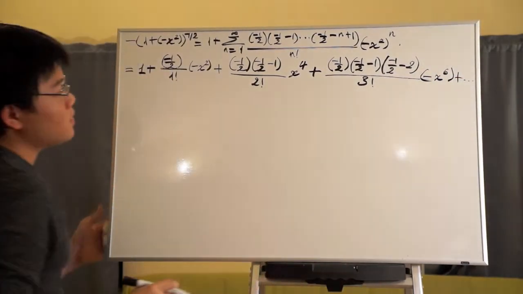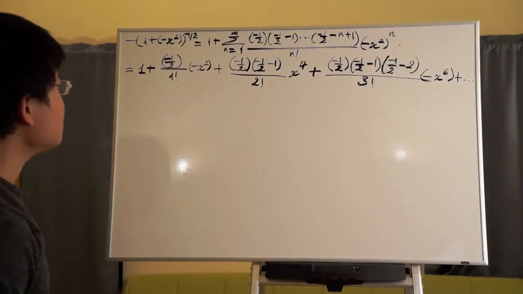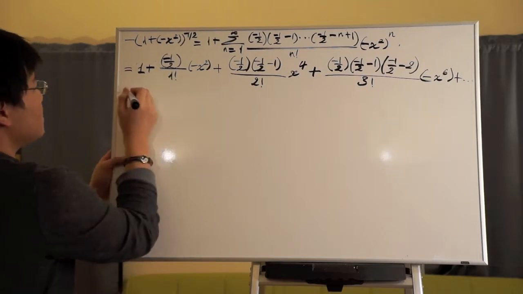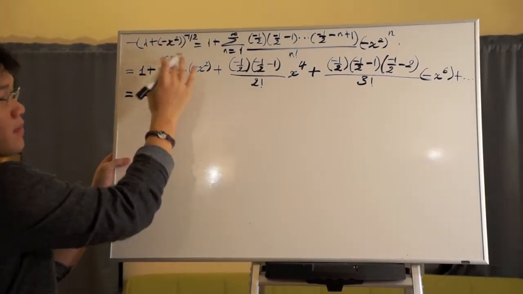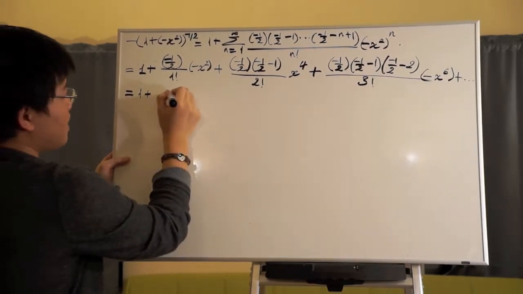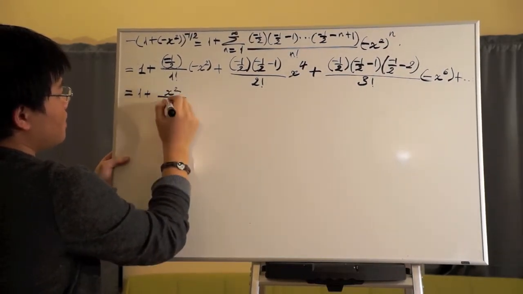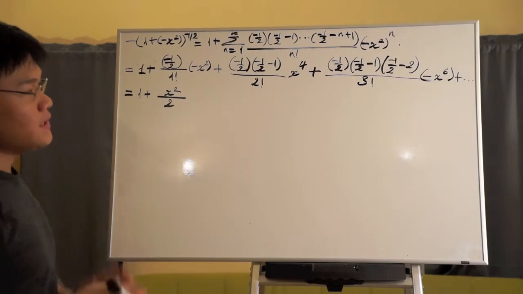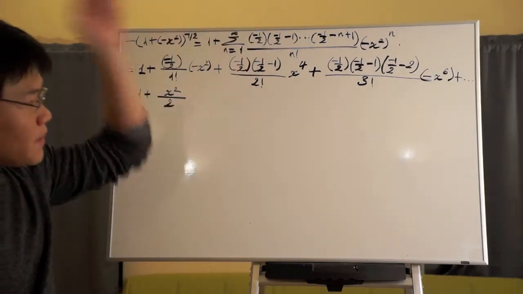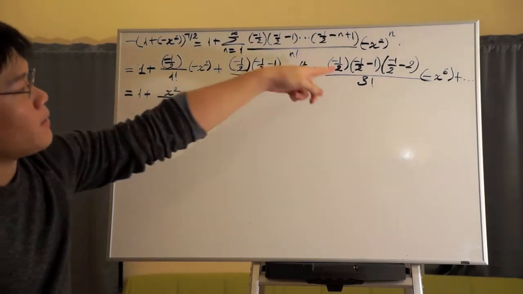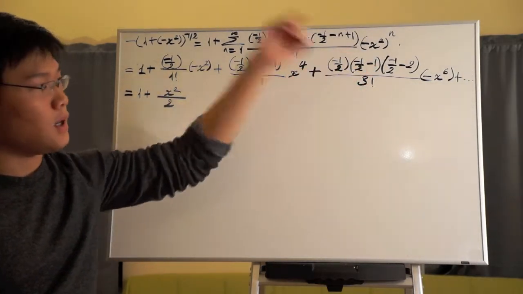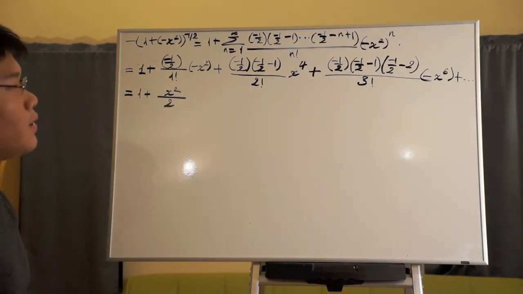Alright? So now we go ahead and simplify it and see what we have. So we can write something like this: 1 plus a minus and minus, that's plus, right? So x squared over 2. We can sort of see here that every time we times up and we add up a power, we add up another term in this product up in the numerator.